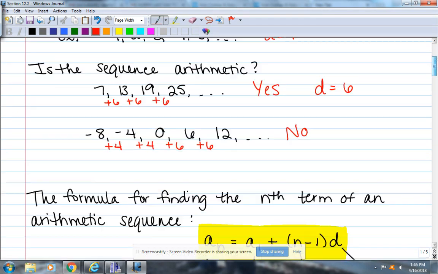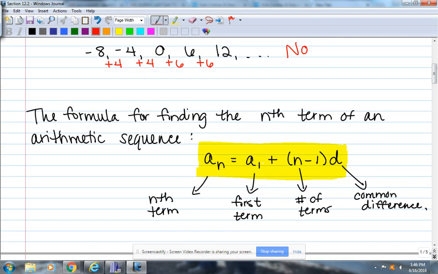So here's a good formula for you guys to memorize. If we have a sequence and we want to find a certain term of the sequence, this is the formula we use. A sub n, we call it sub n. That means the nth term. A sub n means it's a subscript.